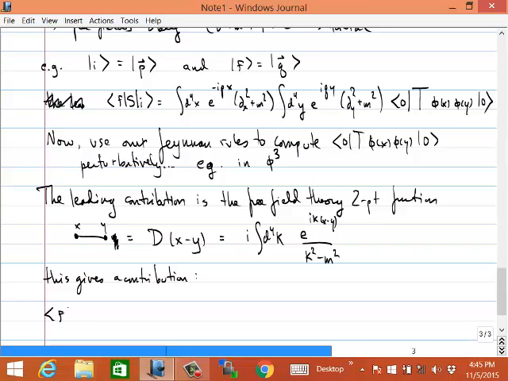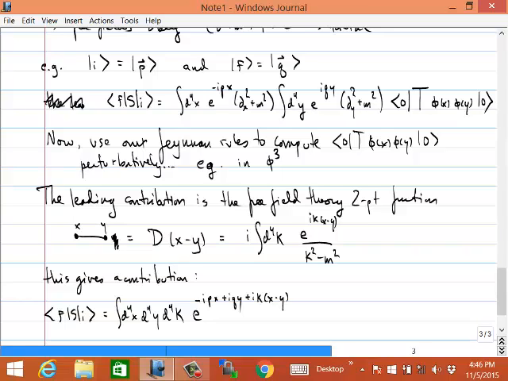And what does that contribution look like? Well, we have an integral d4x, an integral d4y, and an integral d4k coming from the two-point function. And we get a bunch of exponentials: an exponential e to the minus i p x, e to the plus i q y, and from the Feynman propagator, an e to the i k (x minus y).